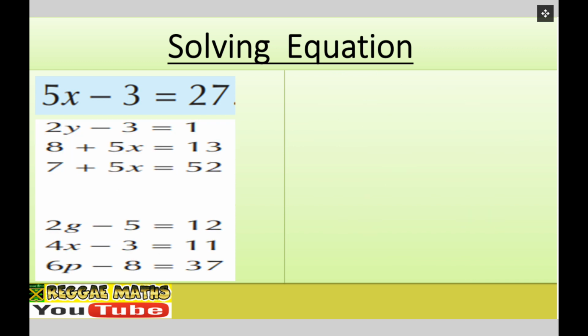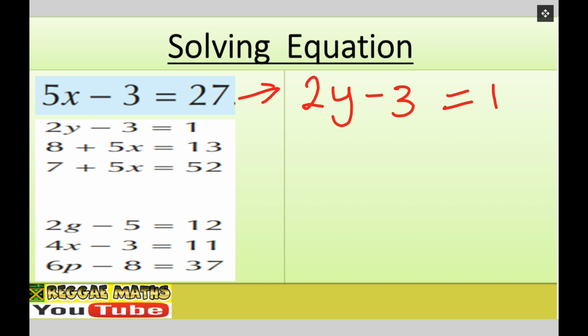If we look at this set of questions, we have 6 questions. That was the lead question I did the example with. Now the 6 questions I'm going to go through. We have 2y minus 3 equals 1.